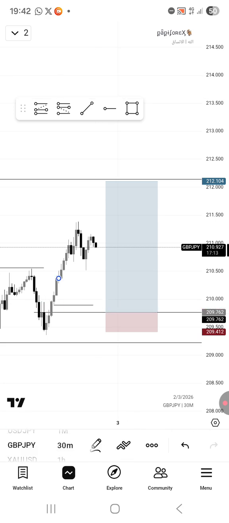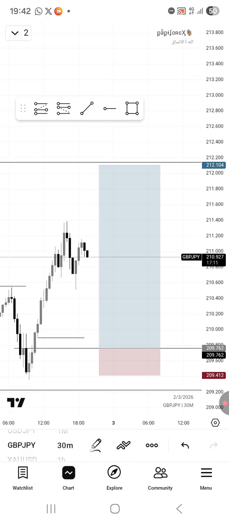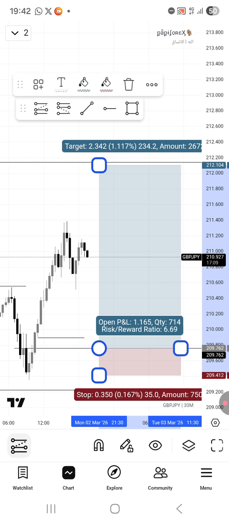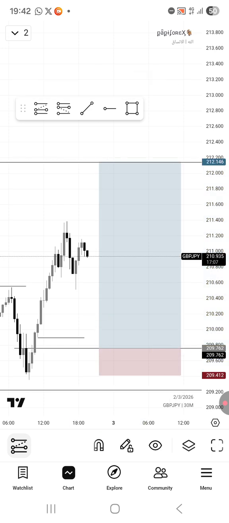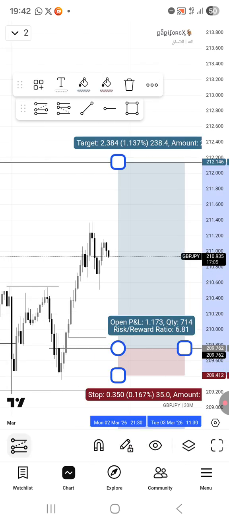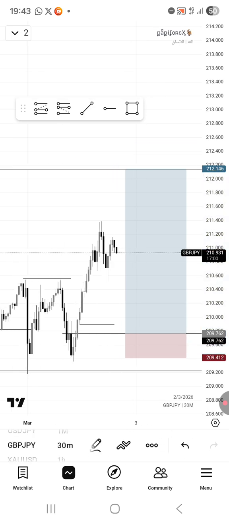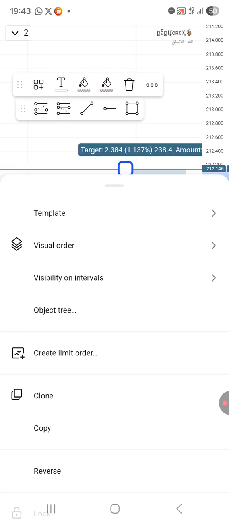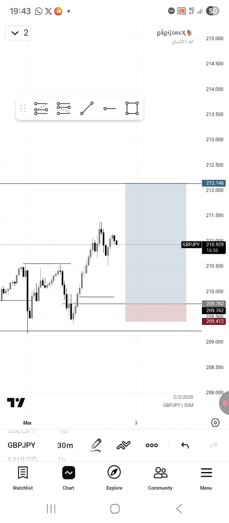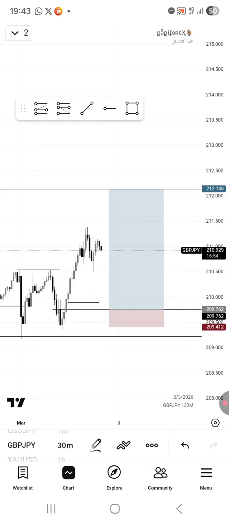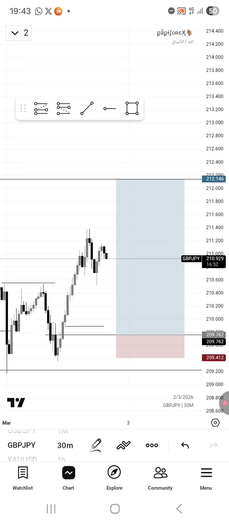Yeah, it's my TP. This is 6.8 R. So that is that about GJ.